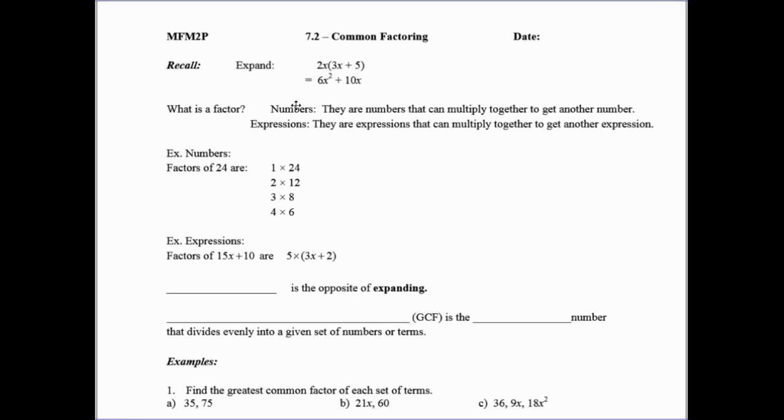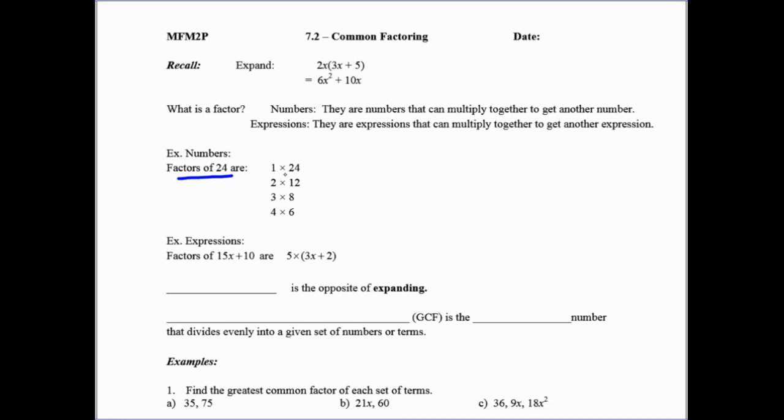Okay, so what is a factor? Factors are numbers that can multiply together to get another number. So 2 factors make another number. There are also expressions that can multiply together to get another expression. In the simplest form, here are factors. What are the factors of 24?